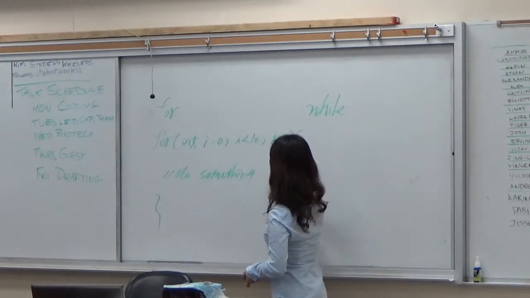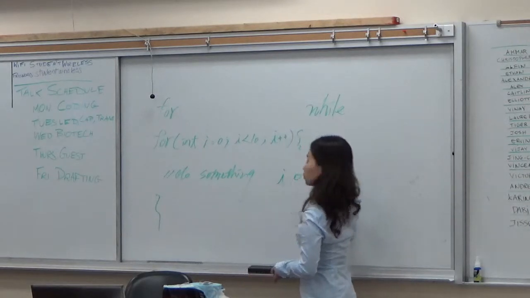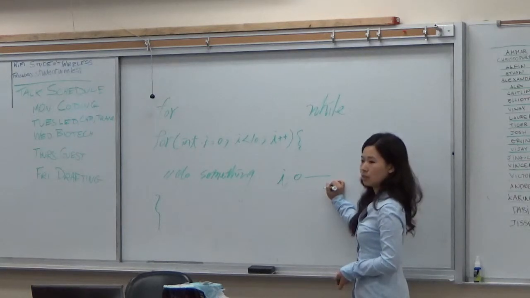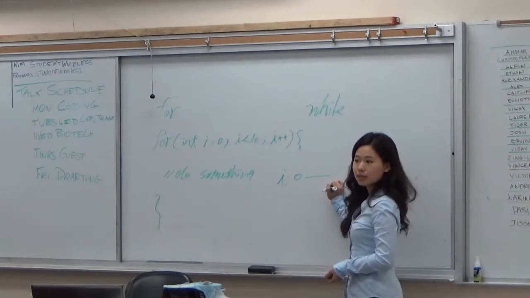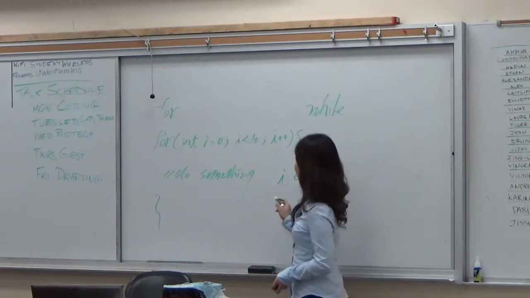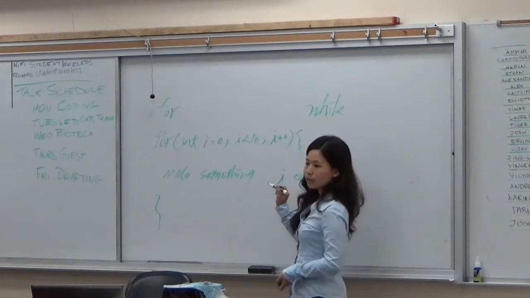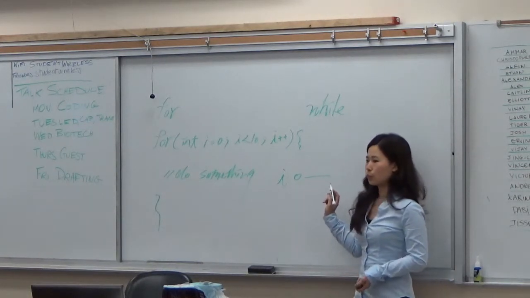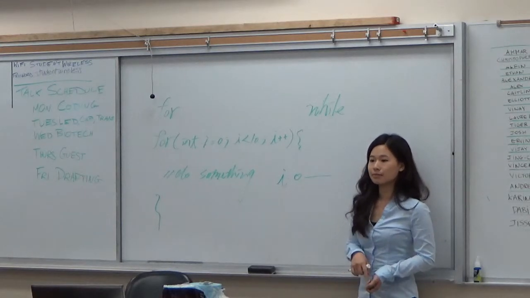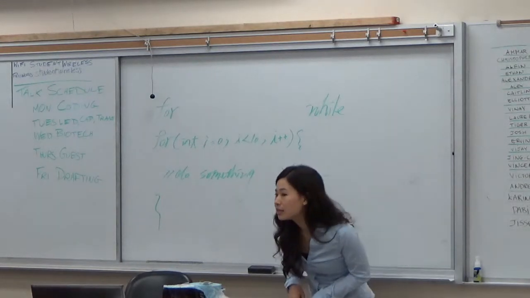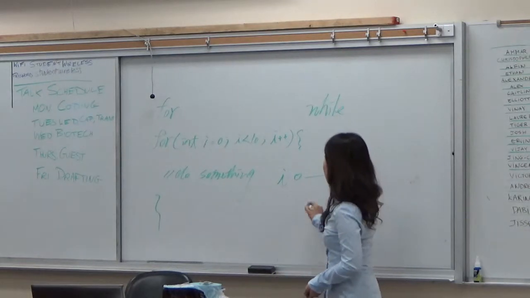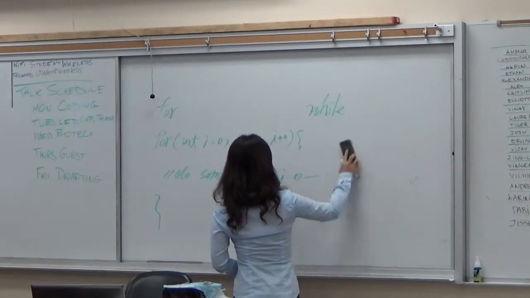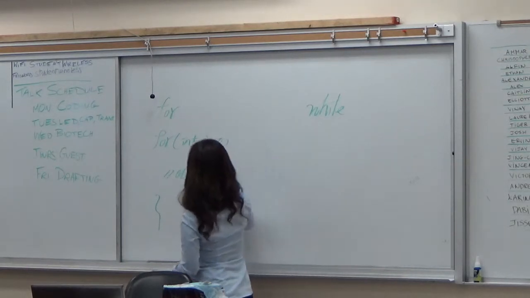So the value of i should start from 0 to 1... the value of i varies, right? So it should start from 0 to what? 9. Yes, correct. So it will do exactly the same thing 10 times. Okay, that's it for the for loop.